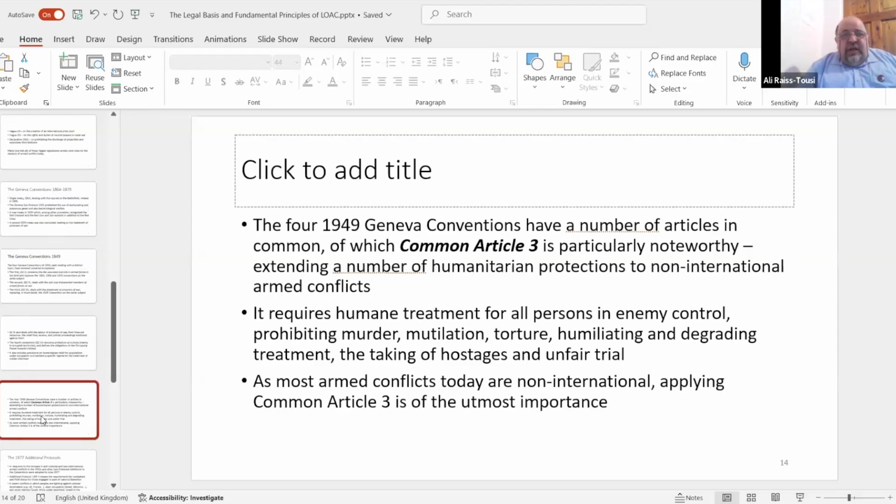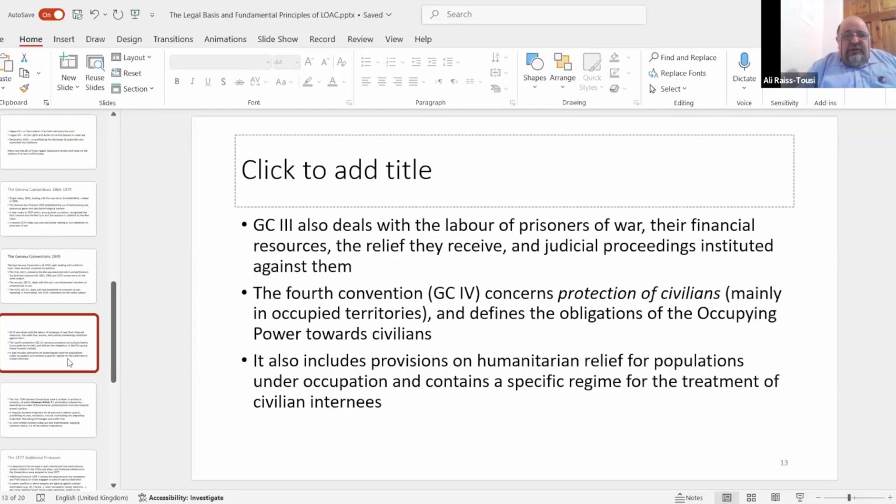Geneva Convention number 4 finally deals with protection of civilians, mostly in terms of civilians who are living under occupation. It creates and defines obligations for the occupying power.